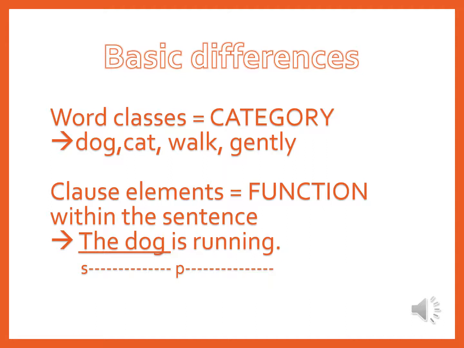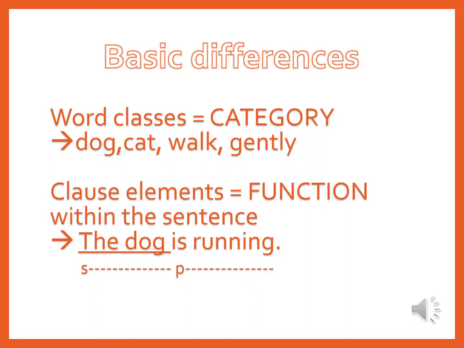And then when we talk about clause elements, we are looking at the function of the word, not of the word, of the sentence. We look at the word but in a context. So, for instance, the dog is running. Then we look at the dog.